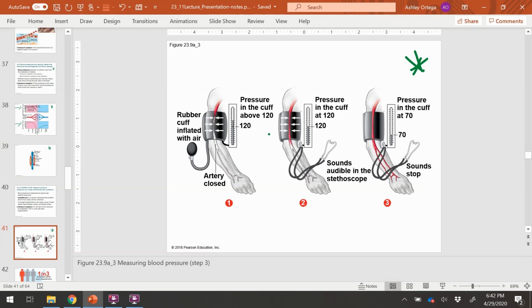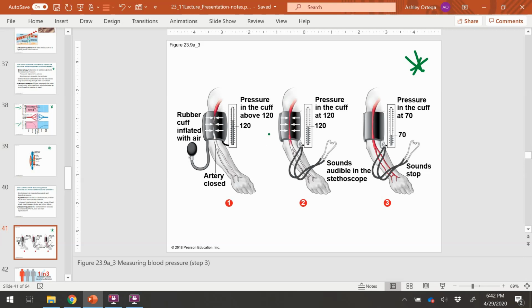When that trickling sound starts, you know the pressures are equal, and that's your first reading. Typically that would be 120 millimeters of mercury. Then you keep deflating the cuff very slowly, until you do not hear the trickling noises anymore.